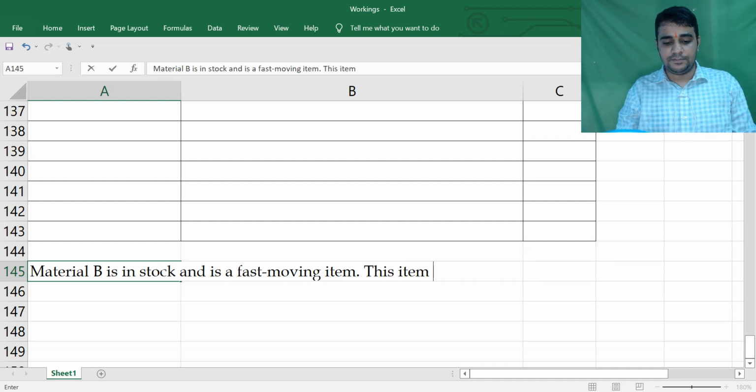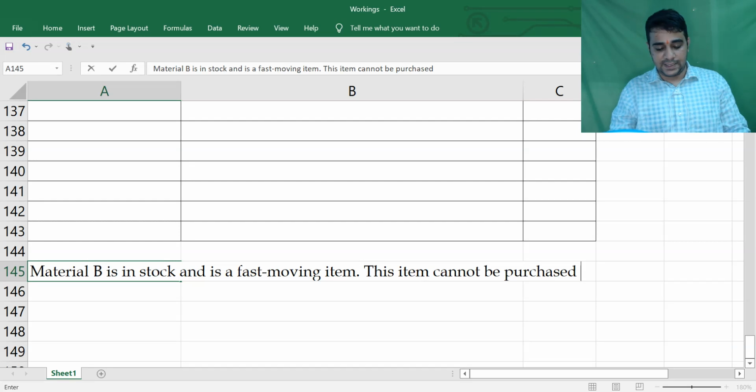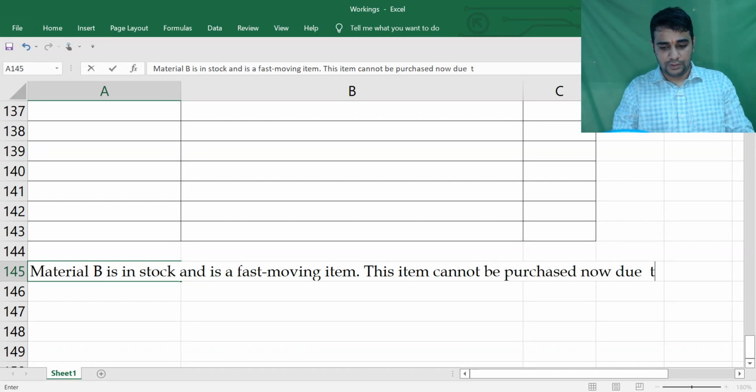This item cannot be purchased now due to industrial dispute.